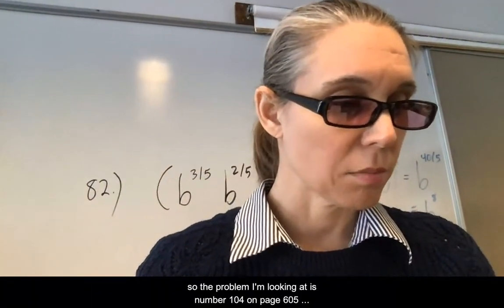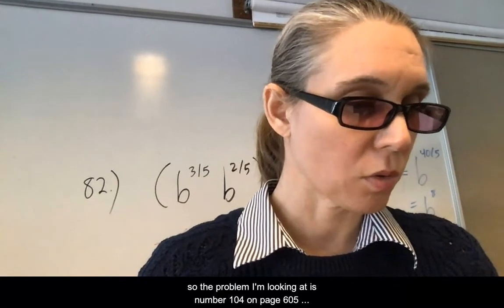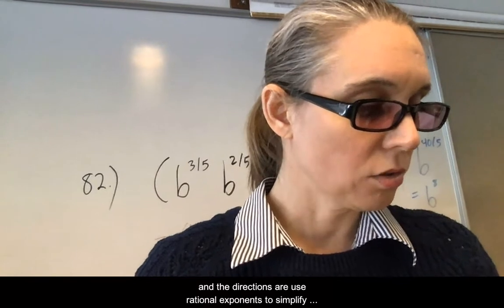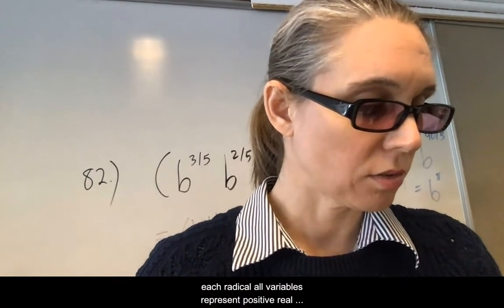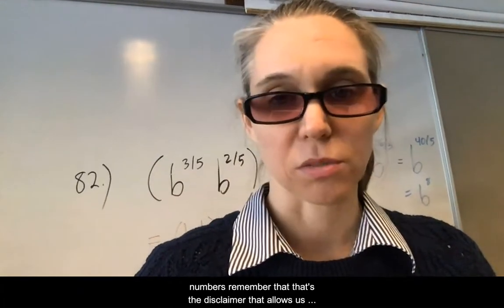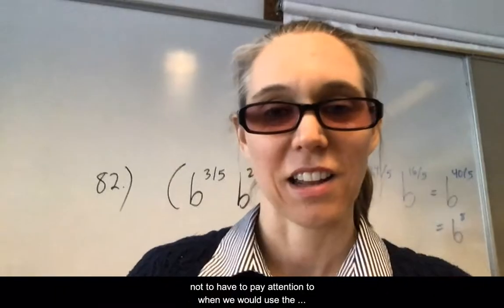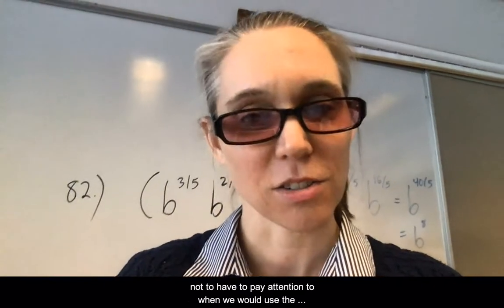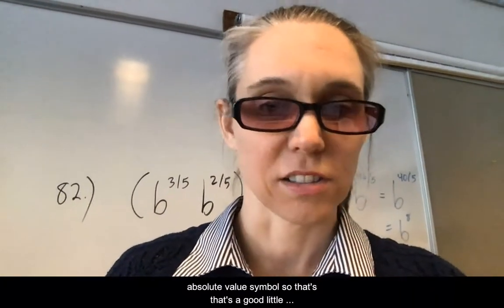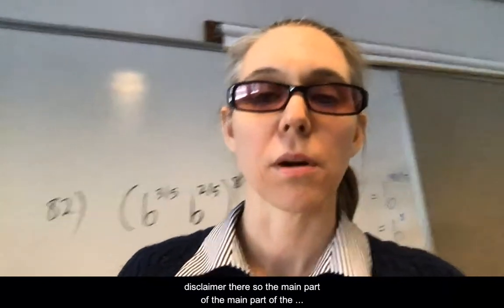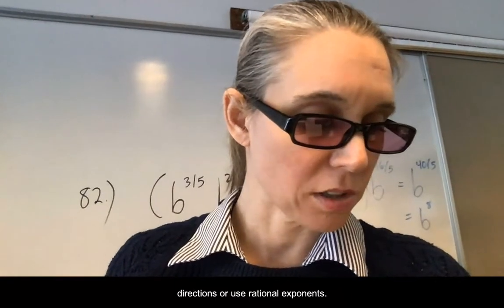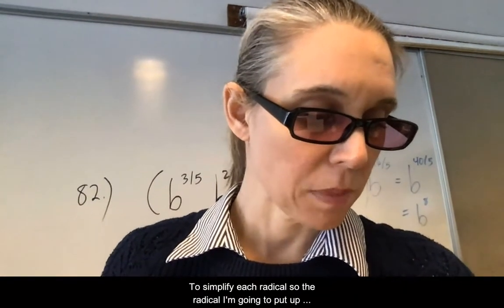So the problem I'm looking at is number 104 on page 605, and the directions are: use rational exponents to simplify each radical. All variables represent positive real numbers. Remember that that's the disclaimer that allows us not to have to pay attention to when we would use the absolute value symbol. So that's a good little disclaimer there. So the main part of the directions though are use rational exponents to simplify each radical.